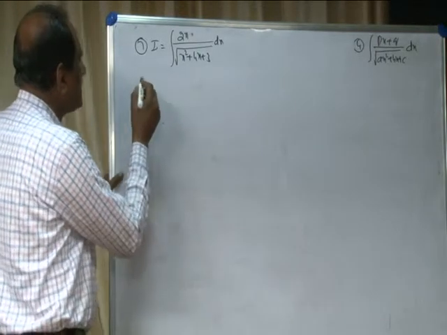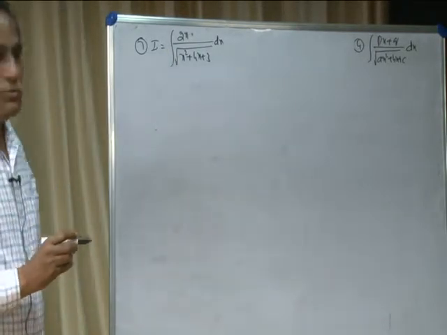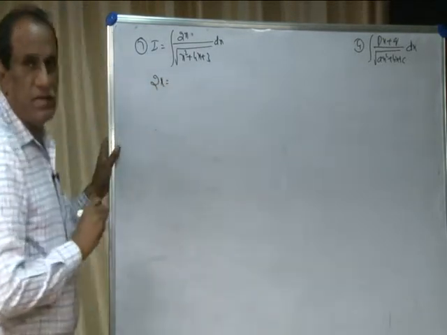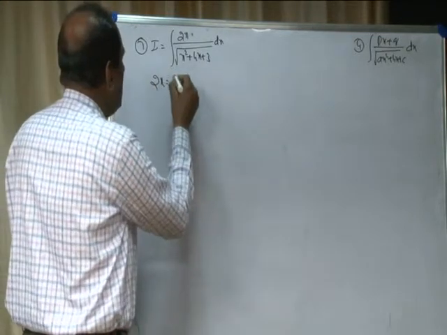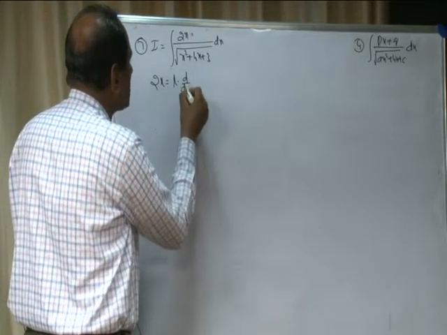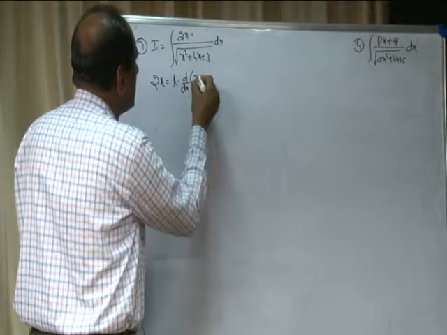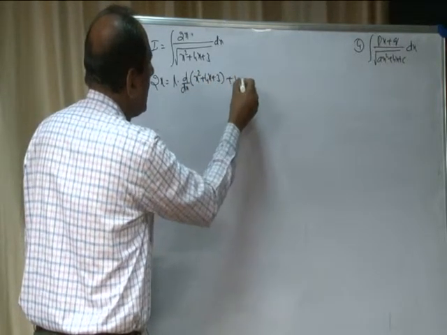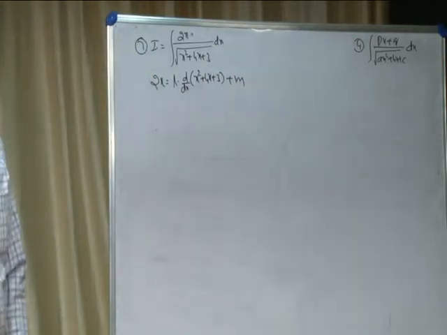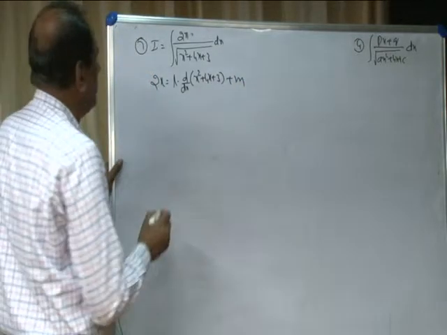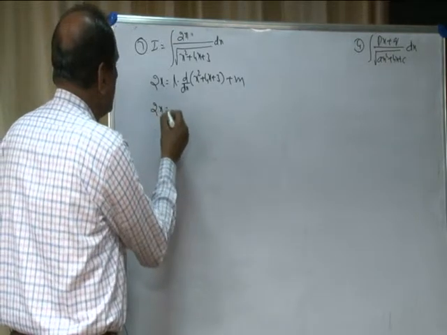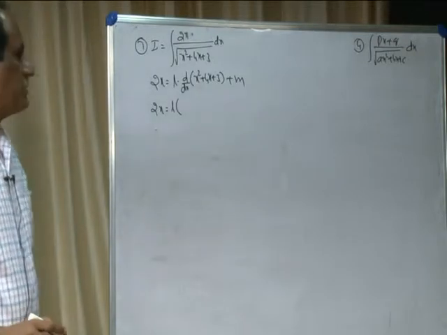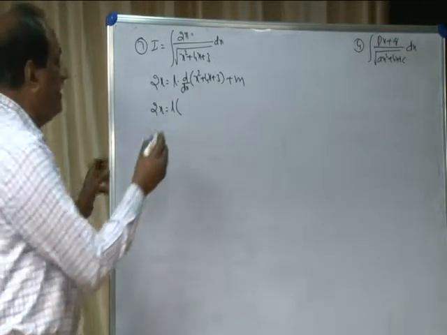Now, express the numerator as follows: 2x is equal to L into d by dx of the denominator, that is x square plus 4x plus 3, plus m, another constant. Now, 2x is equal to L into, in brackets, differentiate x square plus 4x plus 3 with respect to x.